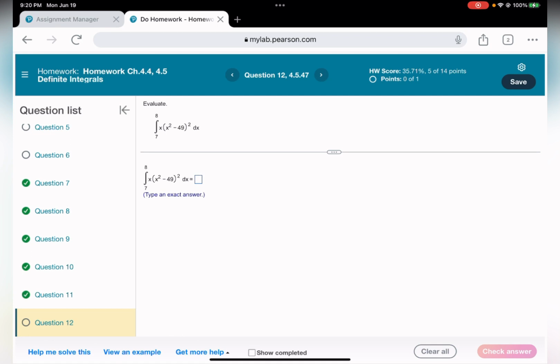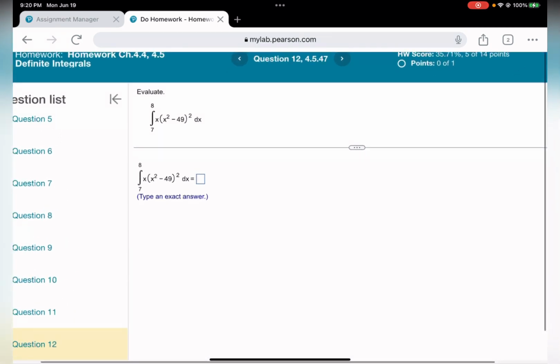Question number 12. How are we going to solve this one? So I believe we are going to substitute again. Let me take a picture of it, otherwise I can type it wrong.